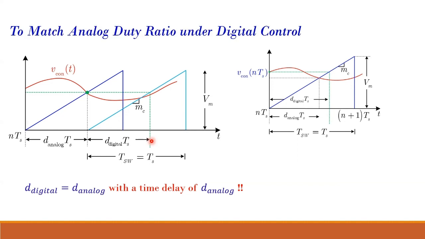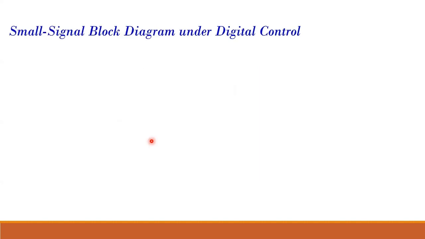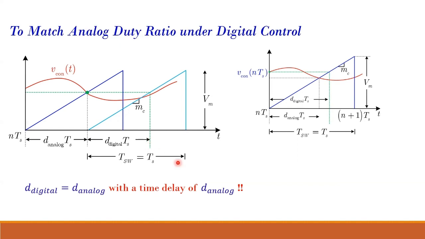Okay. So effectively, when we do this, our duty ratio D digital, which we get, that will be equal to e raised to minus this D analog into TS into S into 1 upon Vm. Okay, Vcon upon Vm.